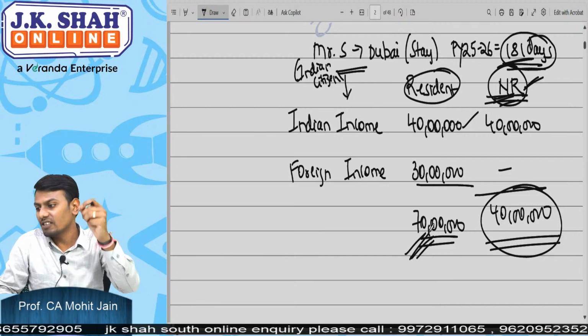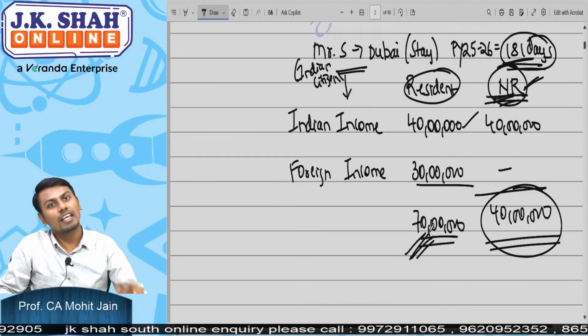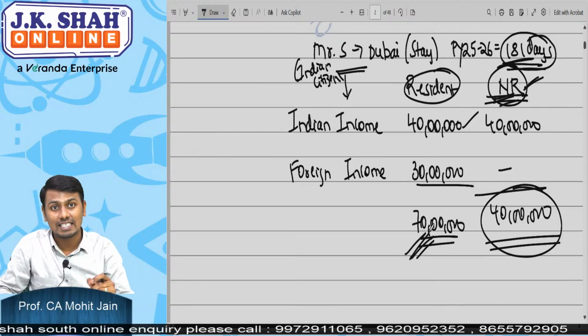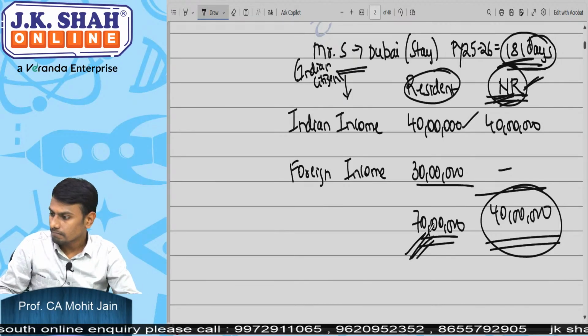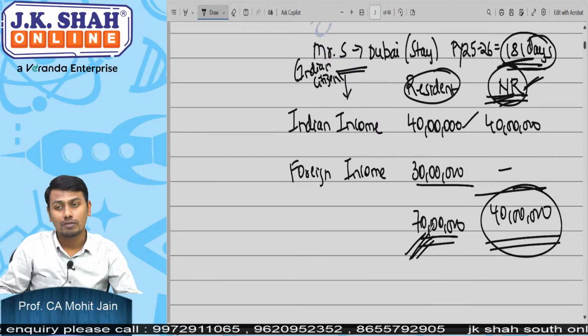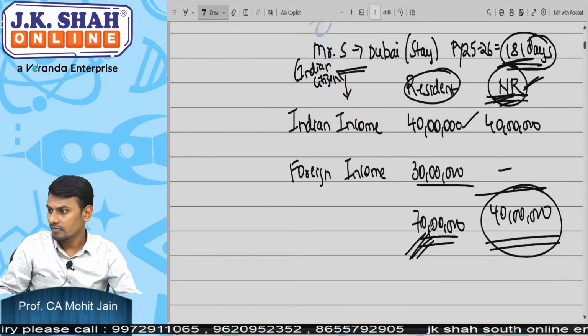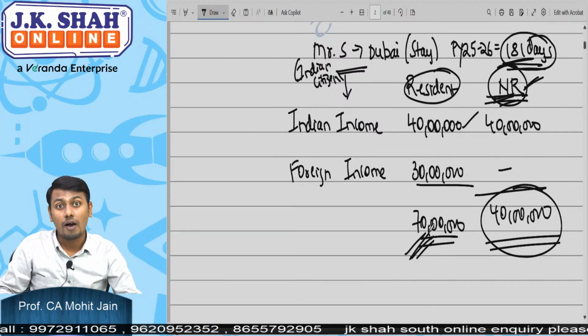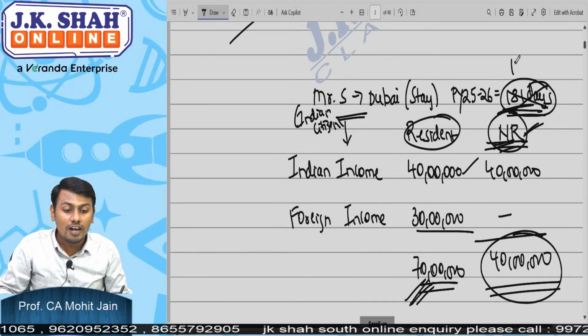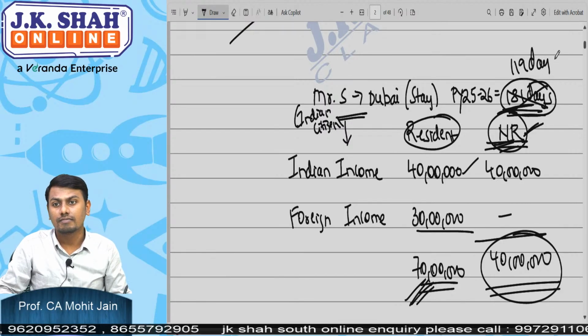But people, can you say me one thing? Can I still do fraud? Can Mr. S still do fraud? People are saying yes. How? How can I do? Yes. Now I have to stay in India for what? 119 days.